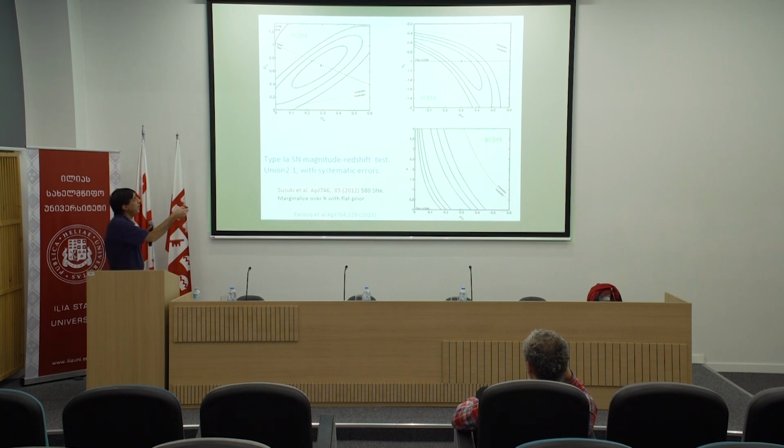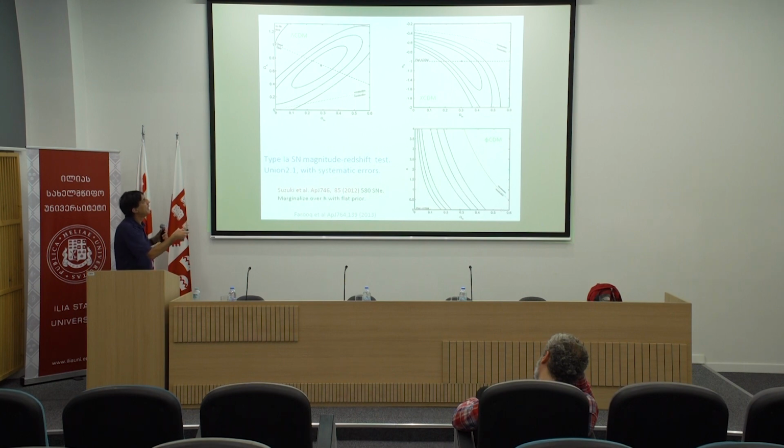Almost all of the probability lies in the region where you have accelerated expansion. And it doesn't matter whether you analyze these supernovae data using the lambda CDM model, the X CDM model, or the phi CDM model. Any model gives you accelerated expansion.